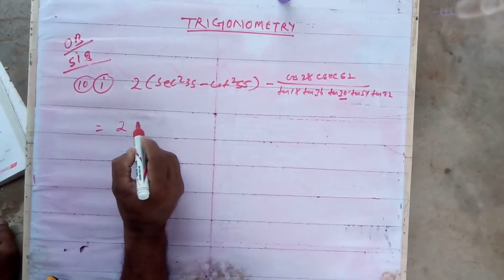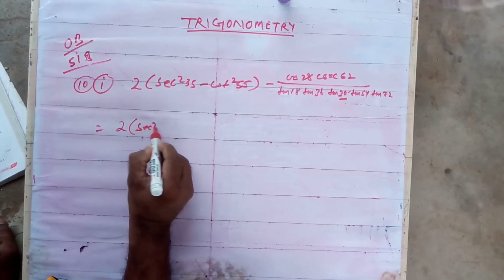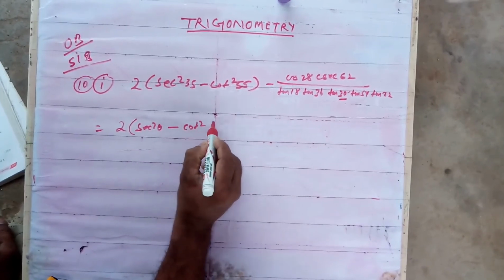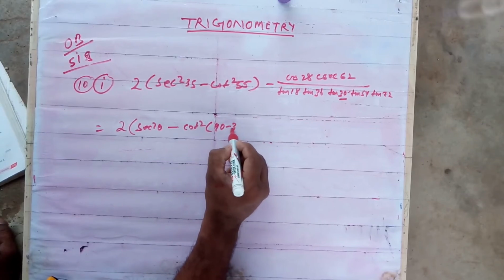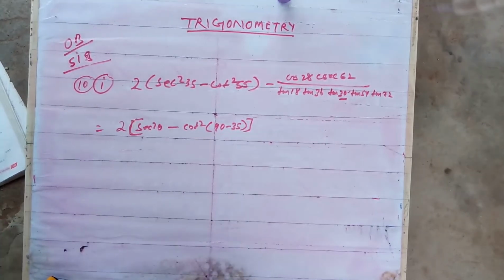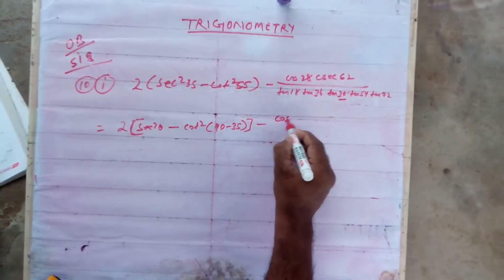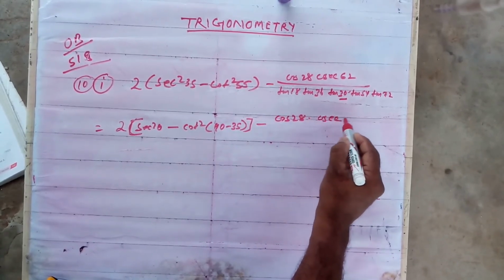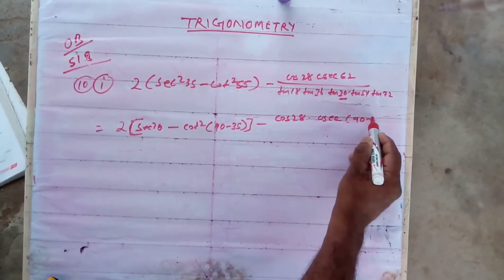So 2 as usual I'll write sec square 35 as usual. Here cot square 55, I'll write 90 minus 35. Agree? Then here also cos 28 as usual, I'll write cosec 62 as 90 minus 28.